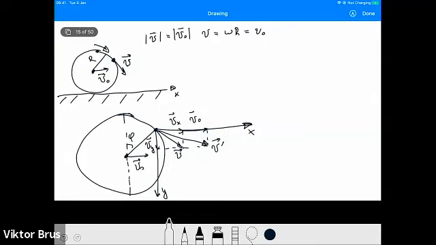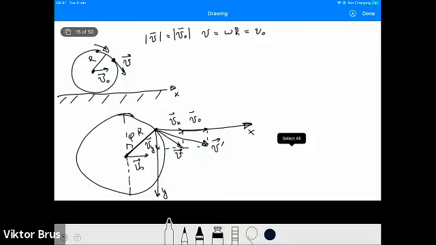So in order to answer this question, let us have the projection of our linear velocity onto axes x and y. Keep in mind that linear velocity is always perpendicular to the radius.